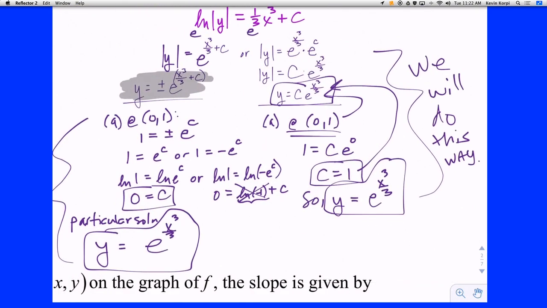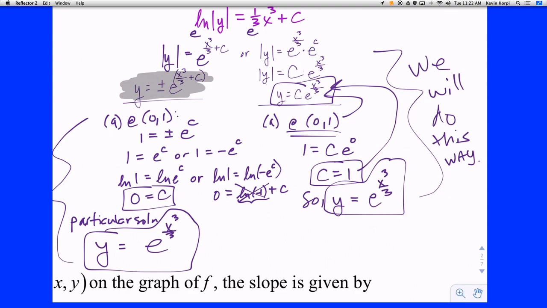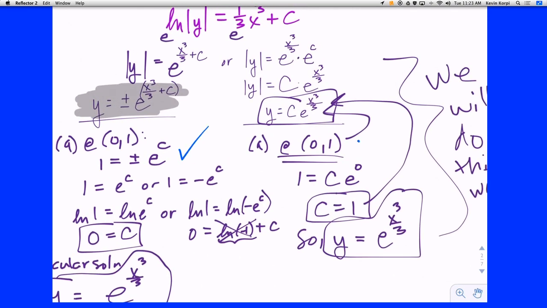How does this score on a free response? And this makes a great free response question, by the way. It's at least 5 points out of 9, sometimes 6. You get a point for using the initial condition. So as soon as you plugged in your ordered pair to your general solution, whichever version it was, that's where you get the check. It's not for a particular value of c.